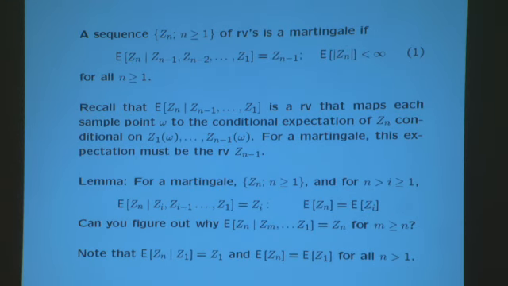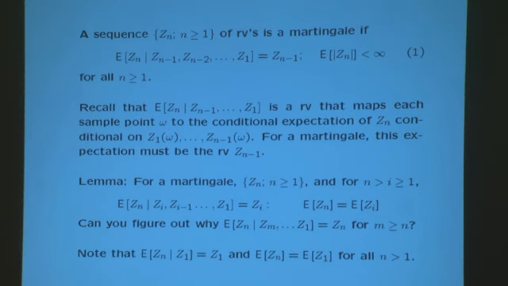So the expected value of Zn given Zn minus 1 to Z1 is a random variable that maps each sample point to the conditional expectation of Zn conditional on Z1 to Zn minus 1. For a Martingale, this expectation has to be the random variable Z sub n minus 1. It has to be the most recent random variable you've seen.